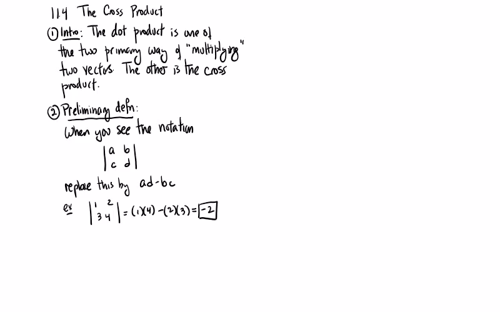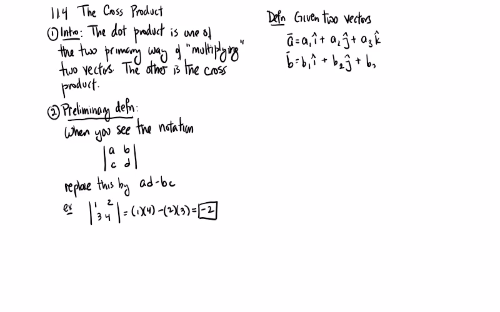If you know that from linear algebra, great. If you don't, doesn't matter. But this allows us to write the cross product in a way that makes it easy to remember. So now we can define it. Given two vectors, I'm going to write these one above the other, and you'll see why in a second. So vector A will be A1I plus A2J plus A3K, and B will be B1I plus B2J plus B3K.